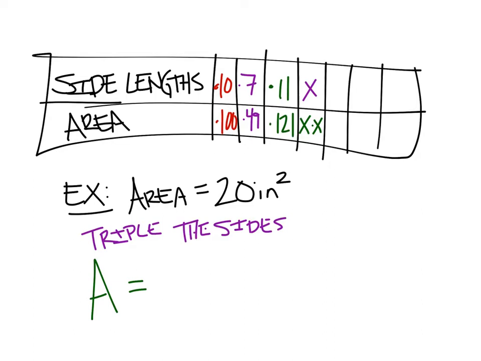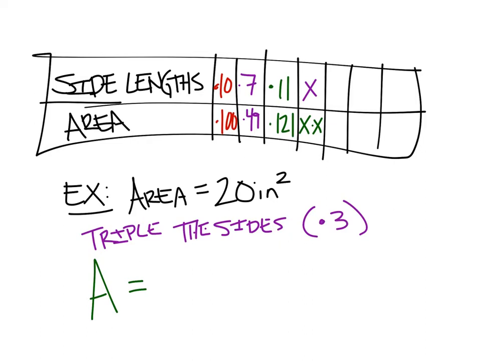So what are we doing to the area if we triple the sides? Now remember, triple means I'm going to multiply these by 3, right? So what would I do with the area? What would I multiply it by?